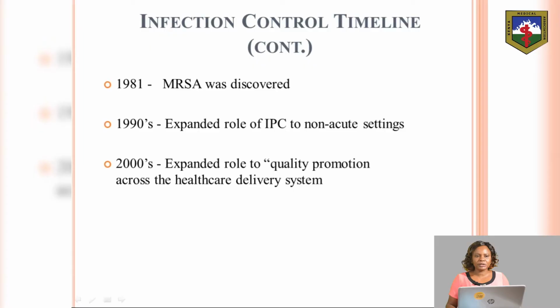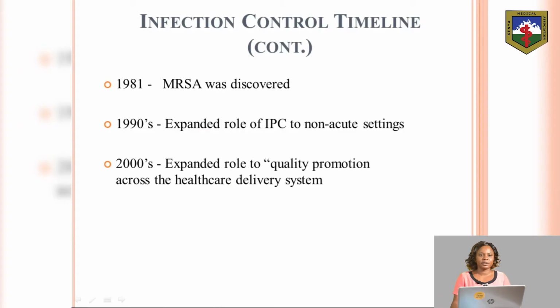A multi-drug resistant organism, methicillin-resistant Staphylococcus, was discovered in 1981. That is a bit recent. This was still in the part of microbiology, because microbiology is part of infection control.